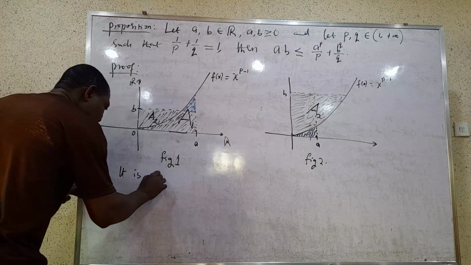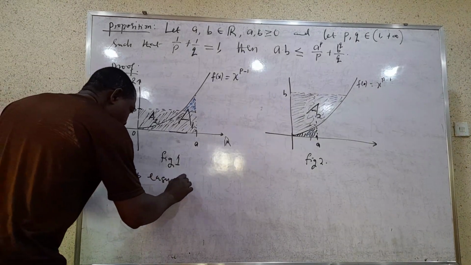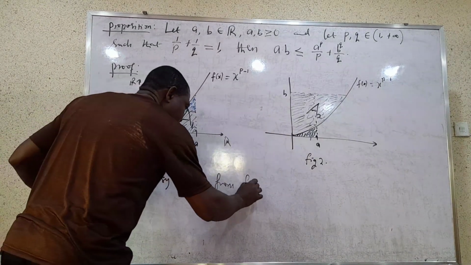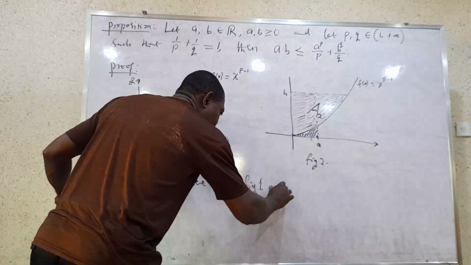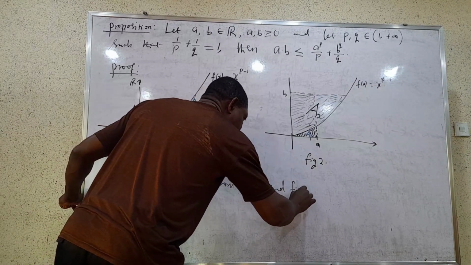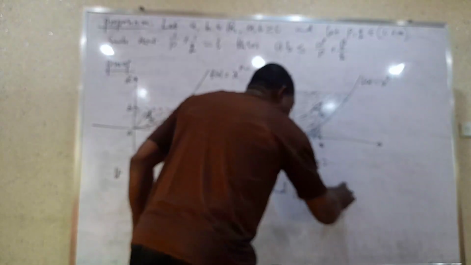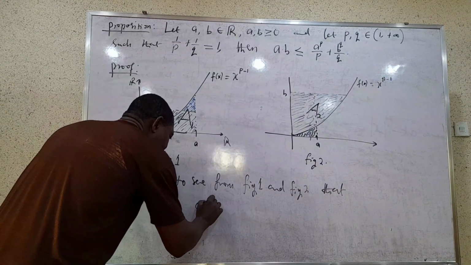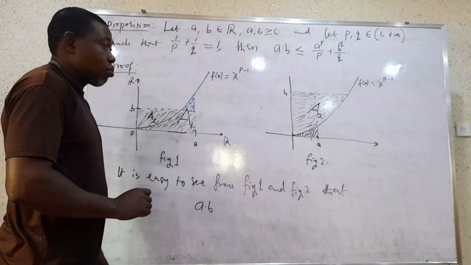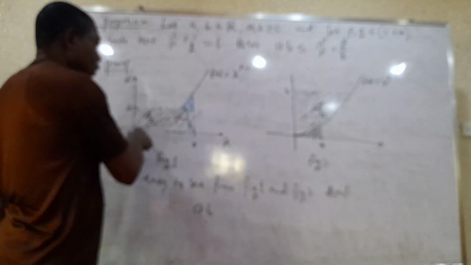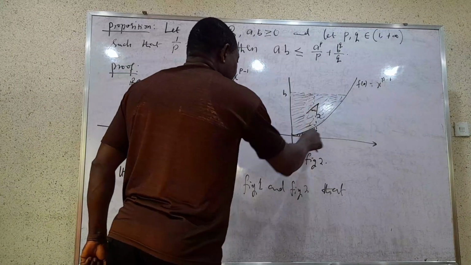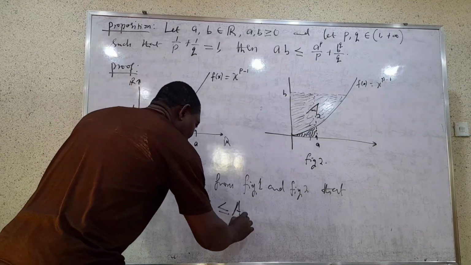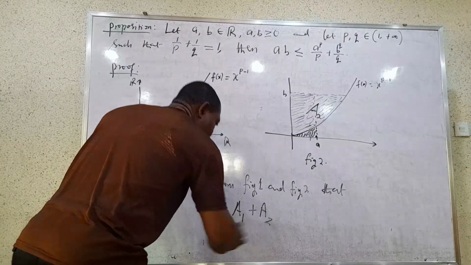It is easy to see from fig 1 and fig 2 that A times B, that's the area of this rectangle. Area of the rectangle is less or equal to A1 plus what?